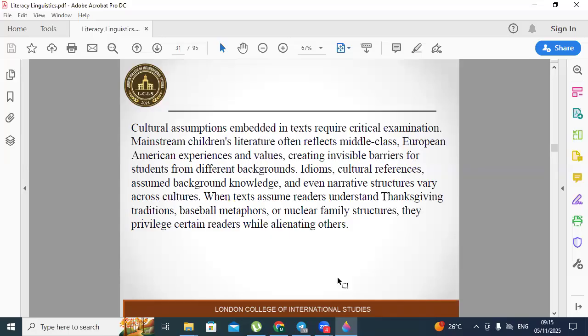Let me give you specific examples of cultural assumptions in texts. Many books assume readers understand Thanksgiving traditions, pilgrims, turkeys, family gatherings, but these traditions aren't universal. Students from immigrant families may have never celebrated Thanksgiving.